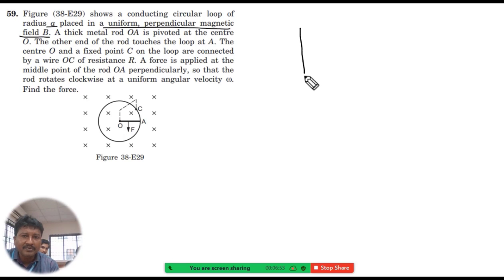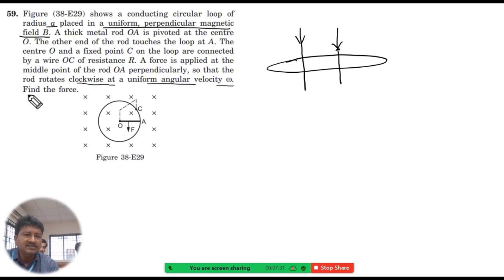Perpendicular magnetic field means the magnetic field is perpendicular like this. This entire arrangement is in the horizontal plane. This is the circular loop. A thick metal rod is pivoted at the center, and the other end of the rod touches the loop. The center O and a fixed point C on the loop are connected to a wire with resistance. A force is applied at the middle point perpendicular to the rod, so that the rod rotates clockwise with uniform angular velocity omega.